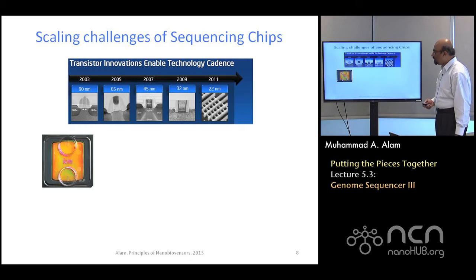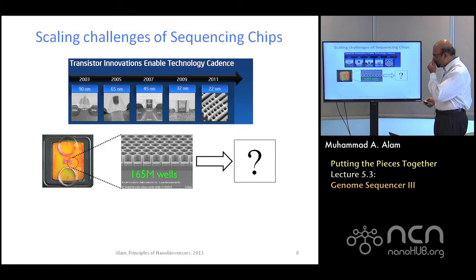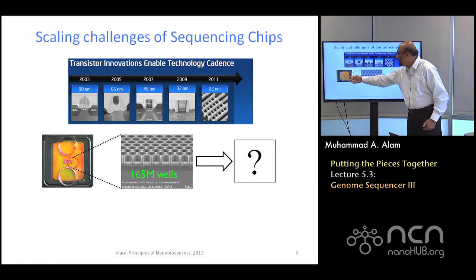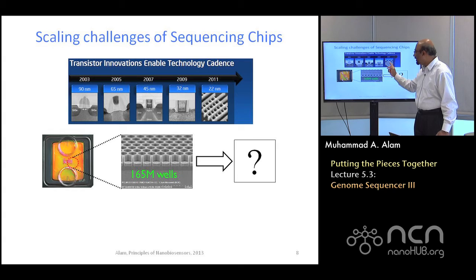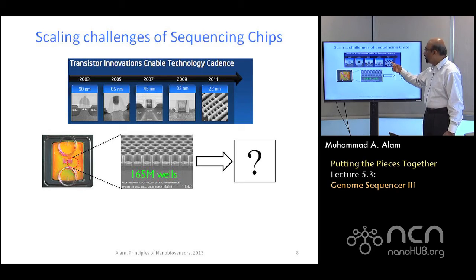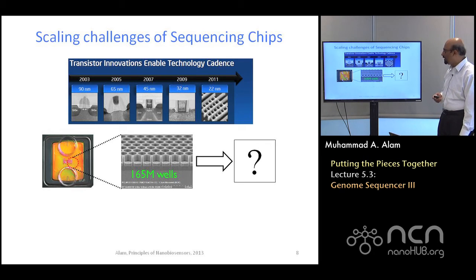It turns out one has to be a little bit careful, because yes, I can go from the 65 nanometer technology to 22 nanometer technology. So I already have 165 million wells in here. The thing is, going smaller can be detrimental, and we have to be a little bit careful.